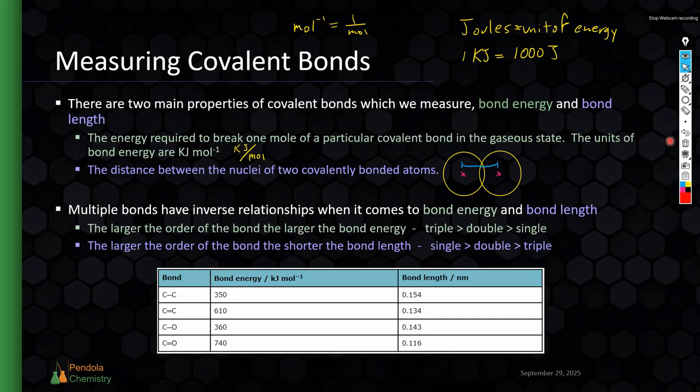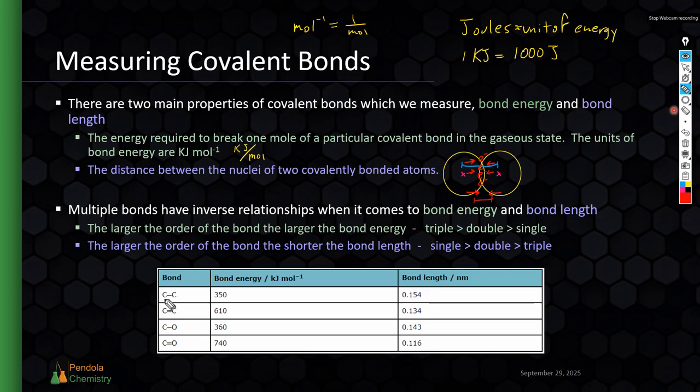The more electrons you have being shared by these atoms, 2 electrons versus 4 versus 6, the more the forces are going to pull the nuclei towards those electrons. Because the more electrons we have, the stronger the forces of attraction of that nucleus towards those electrons. The more these atoms are being pulled towards the center, the shorter that distance will get, because the atoms are being pulled towards those shared electrons.